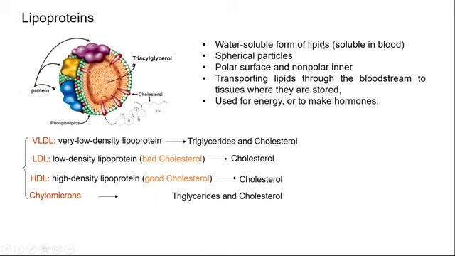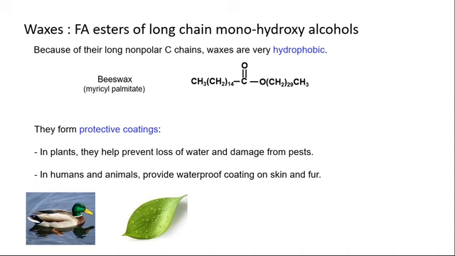These are the water soluble forms of the lipids, and they are used in transporting lipids throughout the bloodstream. But LDL, VLDL, and HDL are 3 parameters in your blood that will tell you whether you are prone to cardiovascular diseases or not.